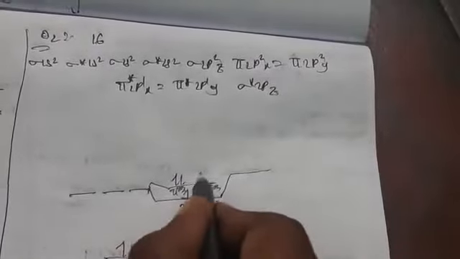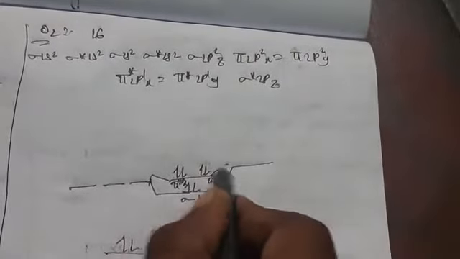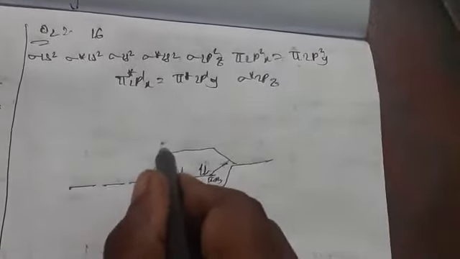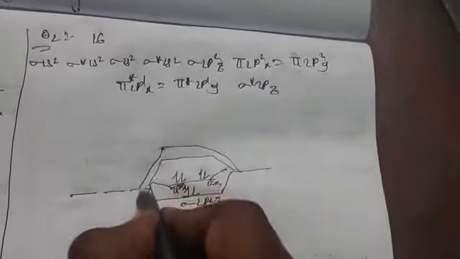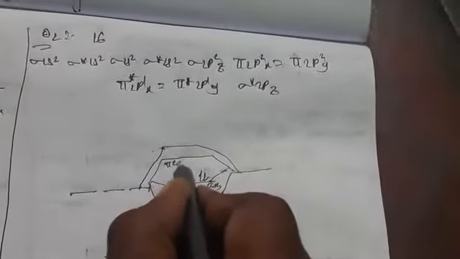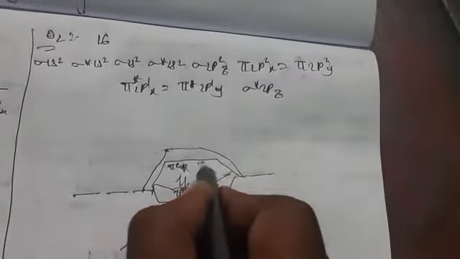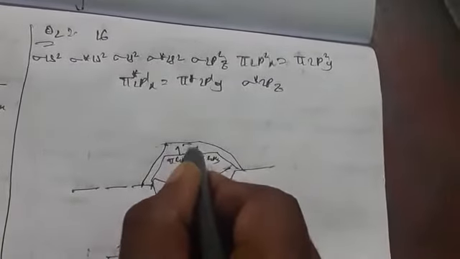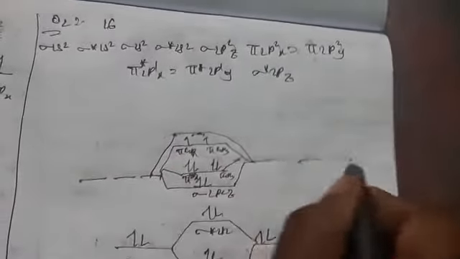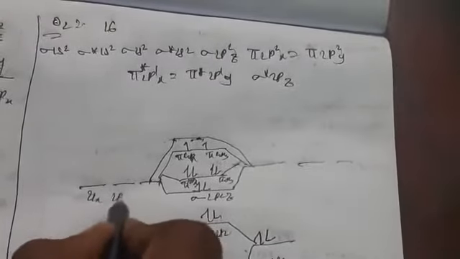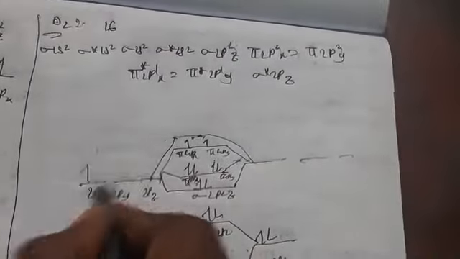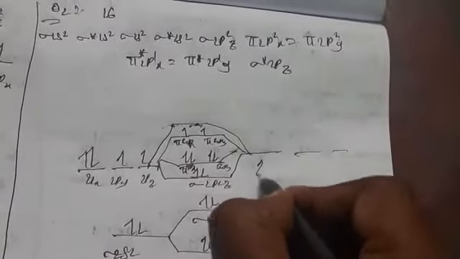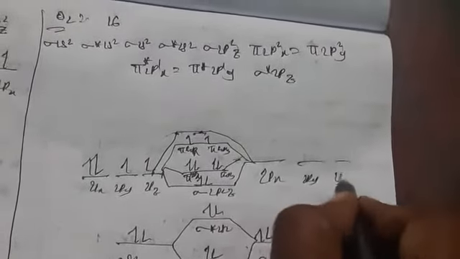So here 2 electrons you are going to have. Okay. So here also pi star, and also here. So pi star 2px, pi star 2py. So here 1 electron, here 1 electron. Sigma star 2pz. So here 2px, 2py, 2pz. So here how many electrons? 6 electrons, 8 electrons it should have. Okay. 2px, 2py, 2pz.